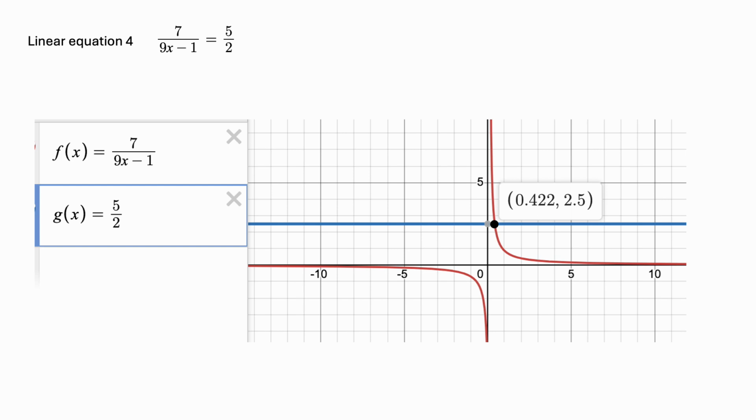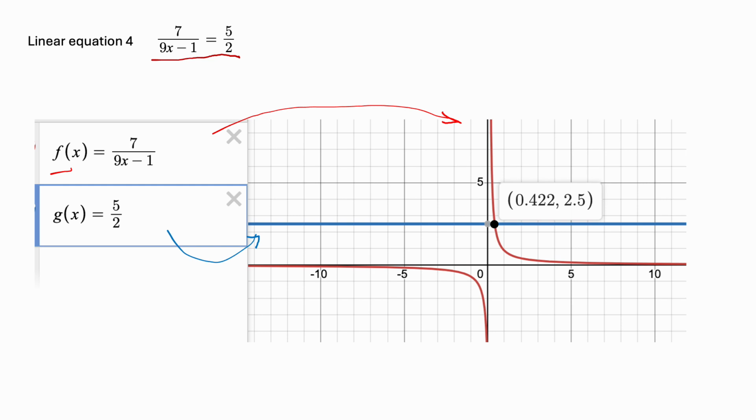In linear equation 4, we have f(x), the red color, which is a reciprocal function. Then we have the blue color, which is a constant function. The solution is 0.422. Just don't get confused with the form. This is also the form that most students get stuck on.